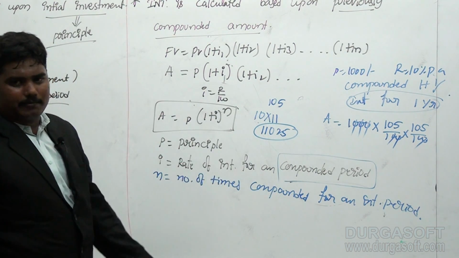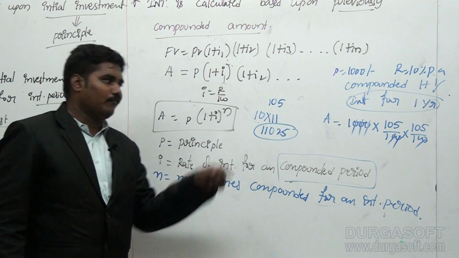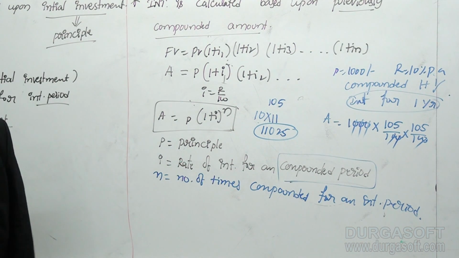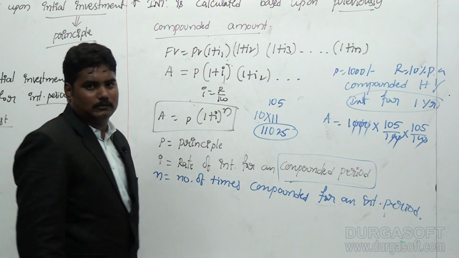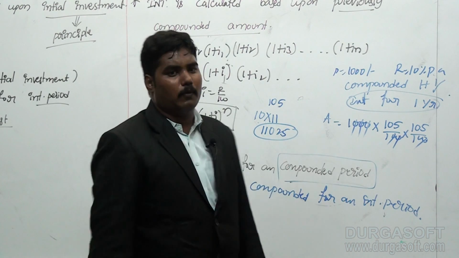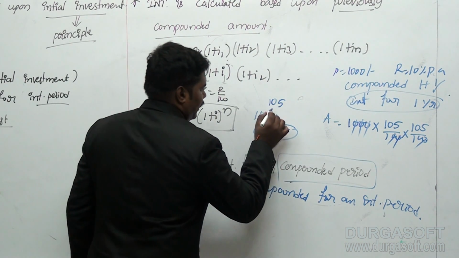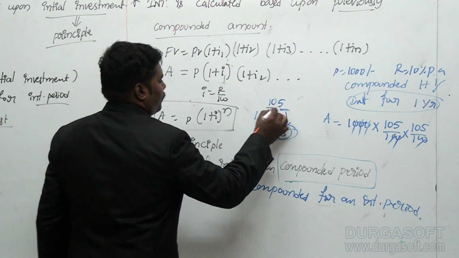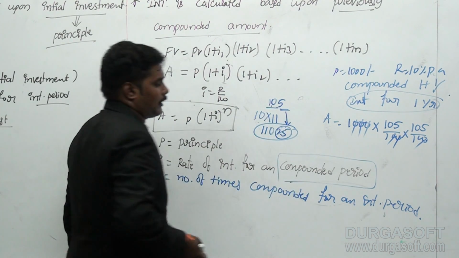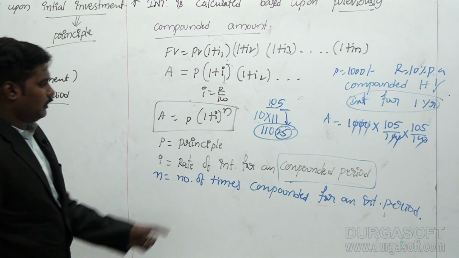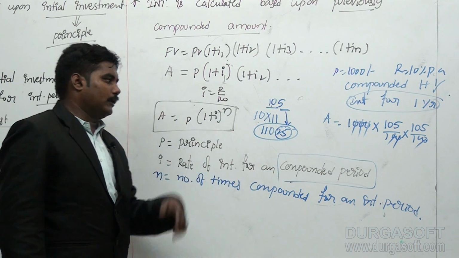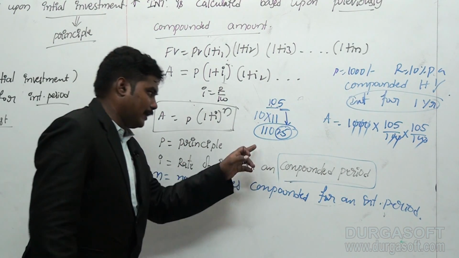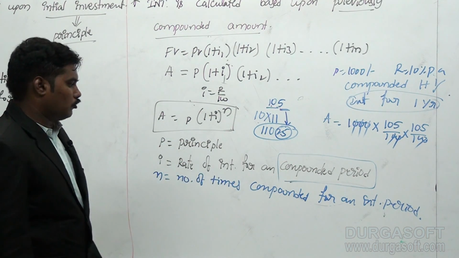Previously you also got the same answer, 1102.5. When you are aware of multiplications and squares, it is a better way to get the answer. For squares of multiples of 5, I have already done it previously: the 5 is taken as 25, and for the previous number, that number into the next number is considered as the previous part. 10 into 11, that is 110, 25. So you can get the answer. Divided by 10, you get 1102.5.